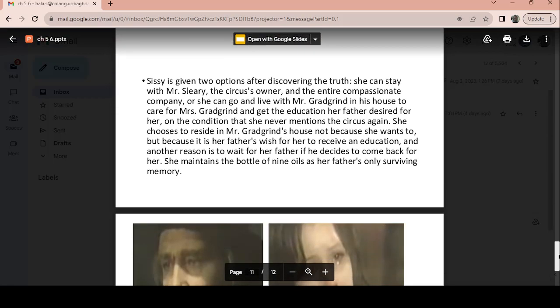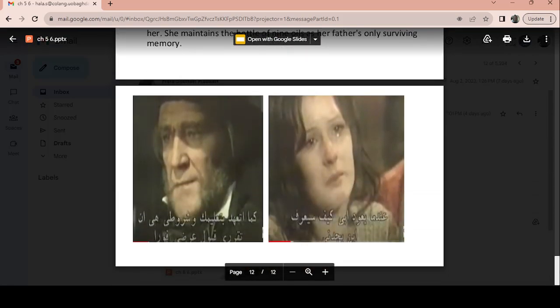So Cecilia here was crying, and she accepts Mr. Gradgrind's condition not to see the people of the circus anymore, because of two reasons. And these two reasons are connected to her love for her father. First, she thinks that it's her father's wish, and that's why she's doing it.